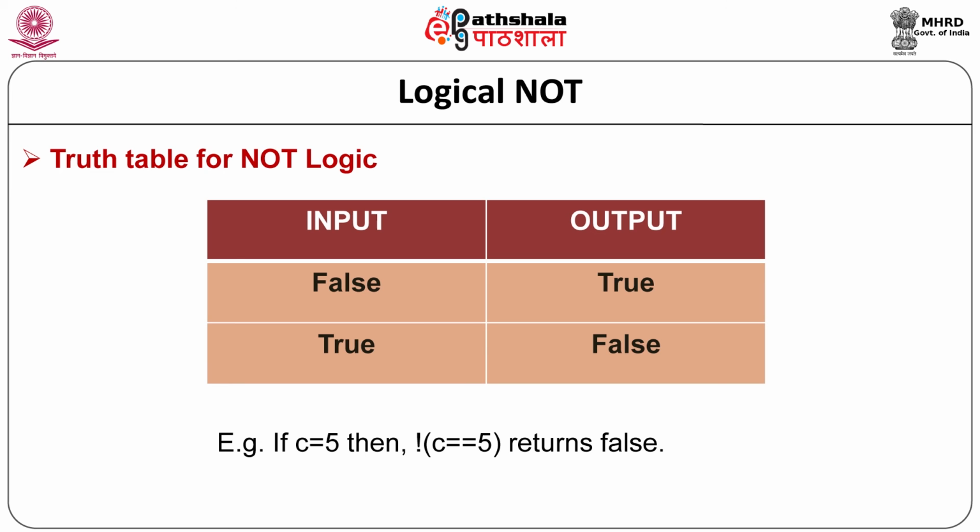Now you can see here a simple example given in terms of an expression. If C is 5, then not C double equal to 5 returns false. You know when input is true, output becomes false, and when input is false, output becomes true. Therefore here the result is false.